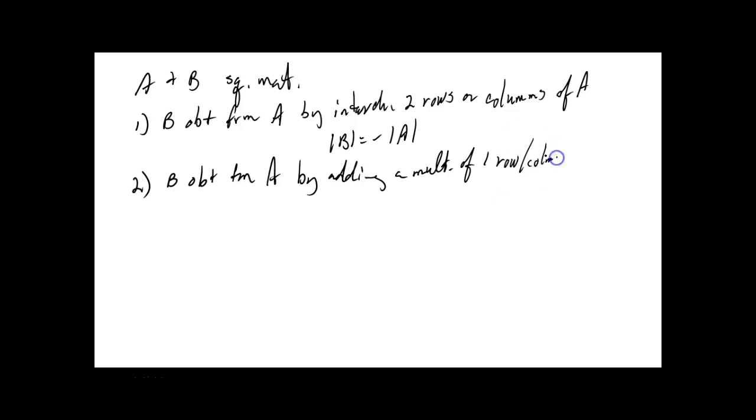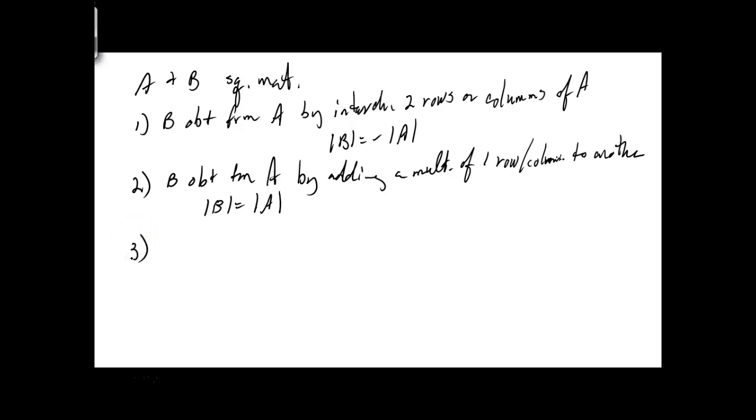We haven't done this before, but we will soon learn that we can. Adding that to another, the determinant does not change at all. The determinant of B is equal to the determinant of A. And that's our favorite elementary row operation to do, adding a multiple of one row to another. And it doesn't change the determinant at all.